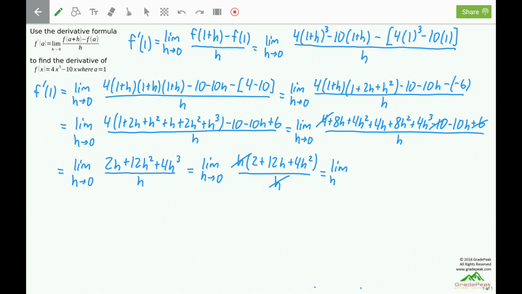We no longer have the 0 over 0 indeterminate form. We can now plug a 0 in for any remaining h's. And so f prime of 1 will equal 2 plus 0 plus 0, which is going to give us a 2. This represents the derivative of f of x evaluated at 1.